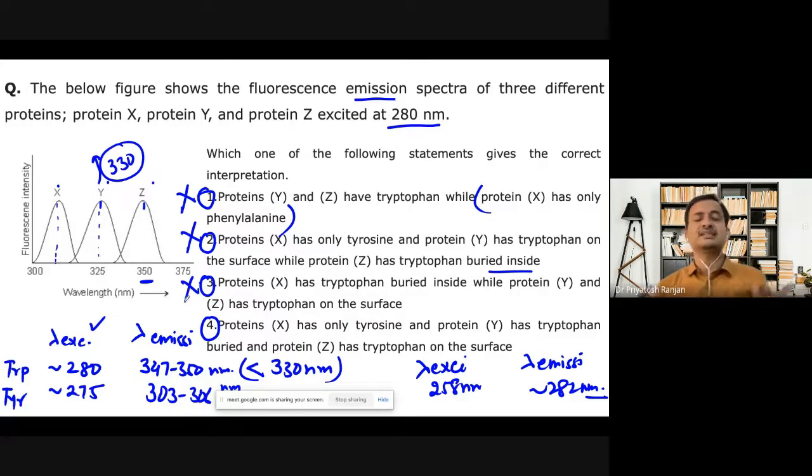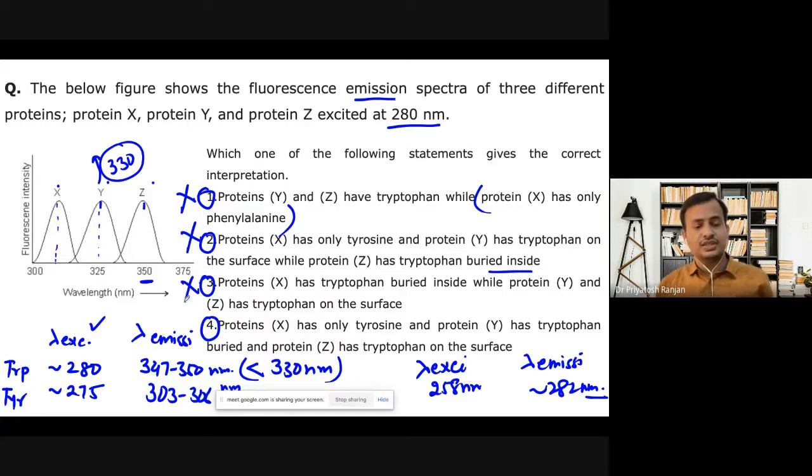Now remember, these values have a particular range, and these emission spectra depend upon many factors. You need to consider the contributions from nearby amino acids, the pH, salt, and other factors.